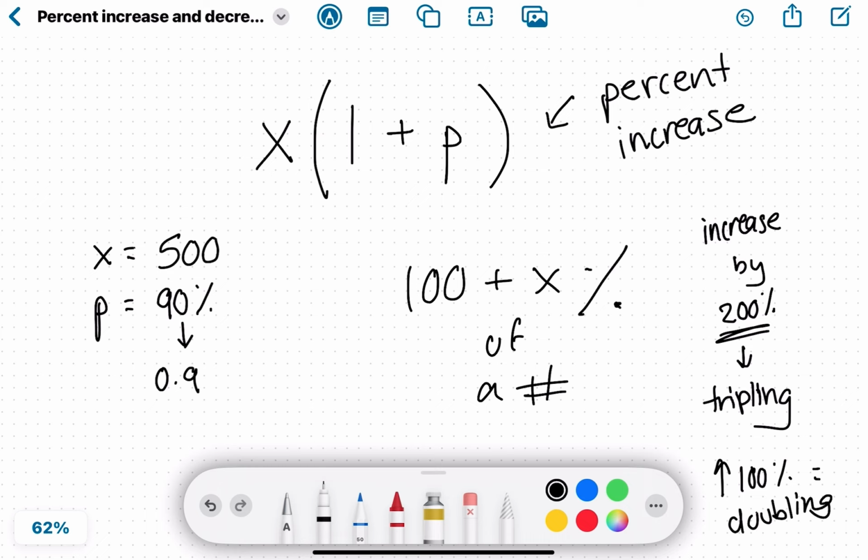Increasing by 300% would be quadrupling it, and increasing it by 400% would be, I don't even know what the word is, like pentupling it, like multiplying it by 5 times. Okay? So this is percent increase, and percent decrease is super similar.